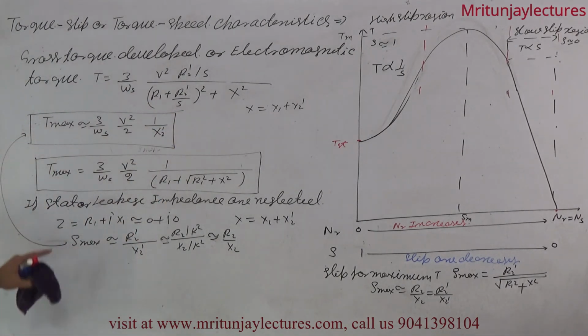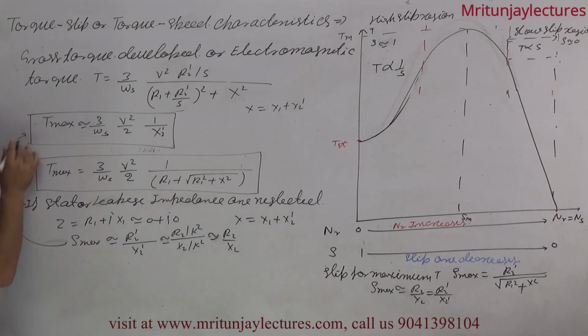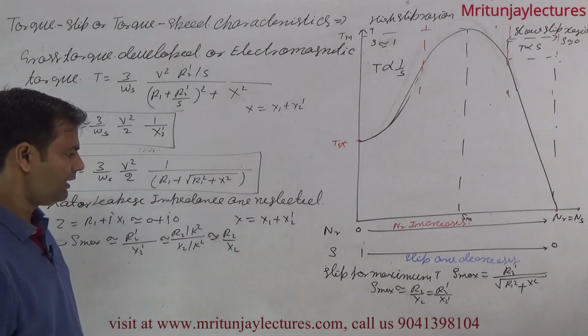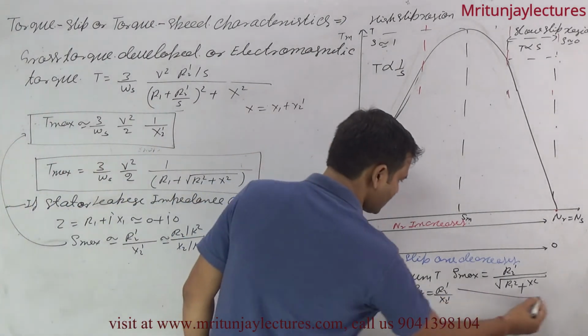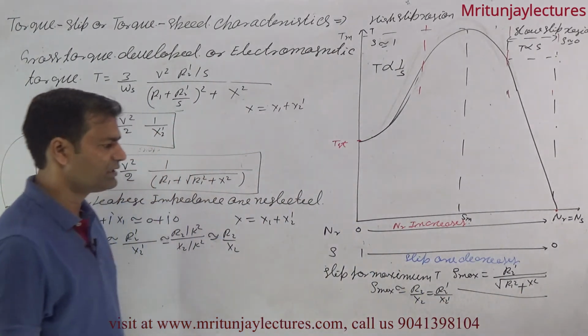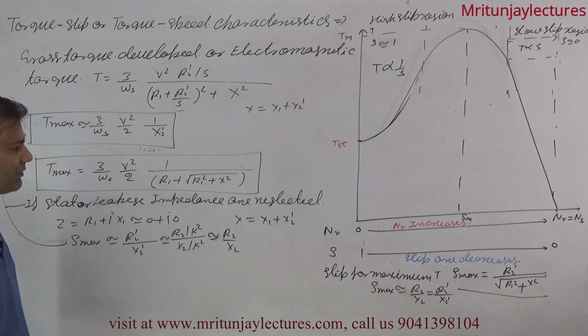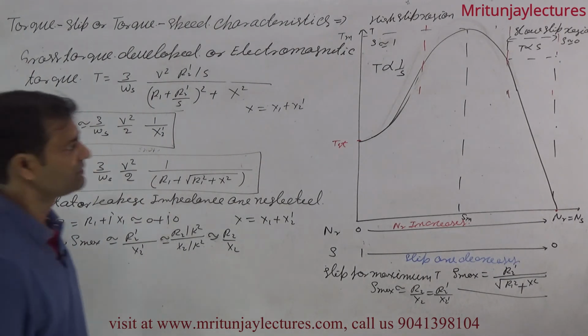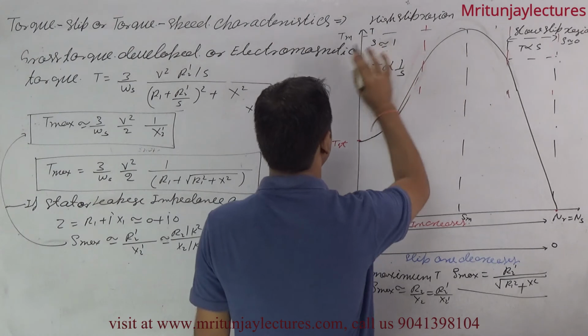Corresponding to this condition, what about maximum torque and what about maximum slip, like this one? And in the generalized formula, S max is equal to R2' divided by under root R1² + X², then Tmax like this one. Okay, make it. That is maximum slip, and that is maximum torque. Make it.